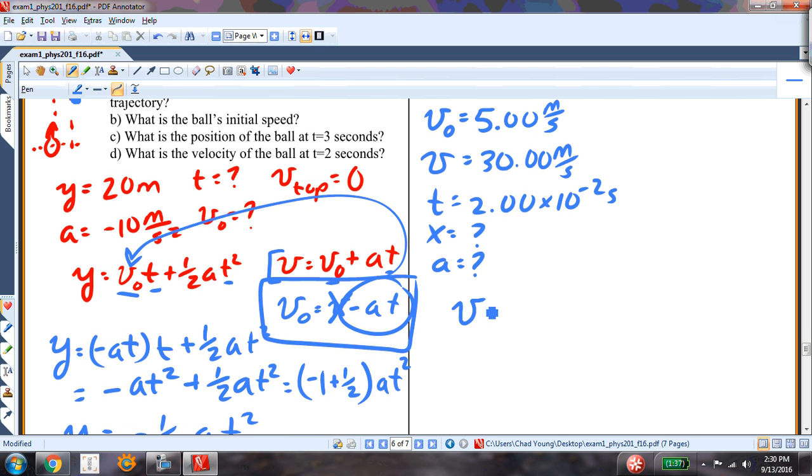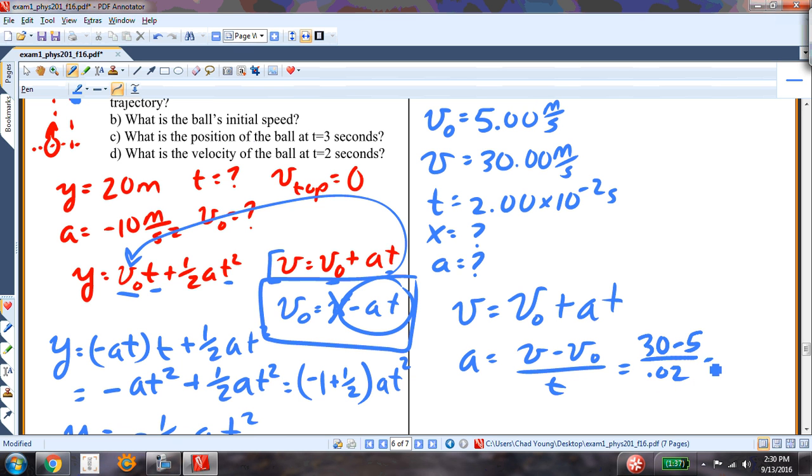To find a, I say v equals v naught plus at. I know everything here but a, so I say a is v minus v naught over t. That's going to be 30 minus 5 over 0.02. That's equal to 1,250 meters per second squared.